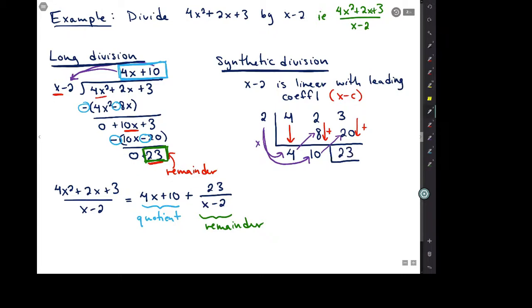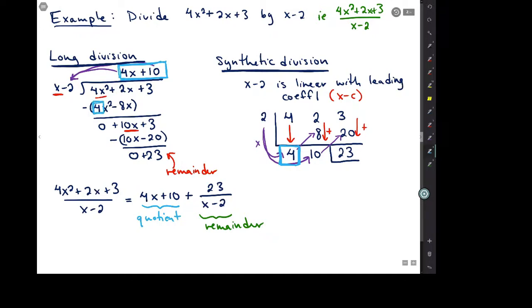Now, let's compare this to the long division. There's a lot of marks going on here, so I'm going to erase some of them. If we look at these expressions, I have a 4 here, and that is the same as the 4 that's right here.